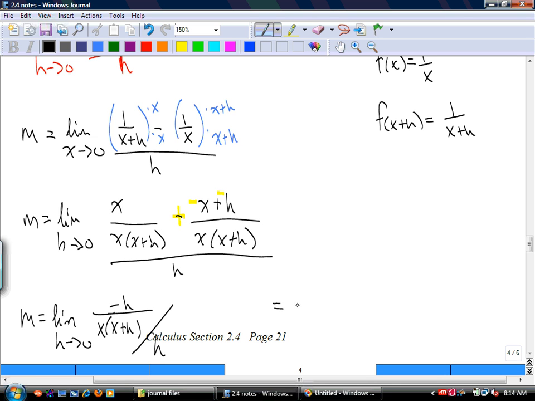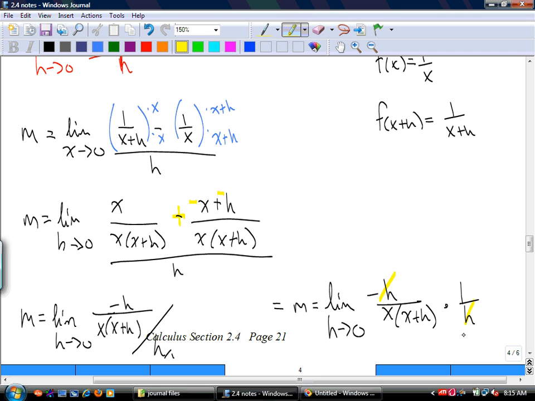Ours is not to question why. Ours is but to flip and multiply. Instead of dividing by h, just multiply by 1 over h. And then your h's cancel. And you think to yourself, why is that a good thing? Stick 0 in for h now.